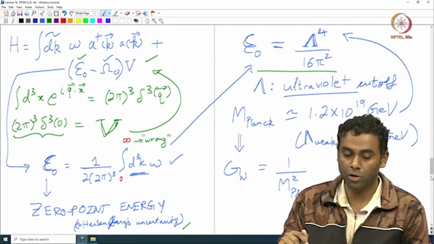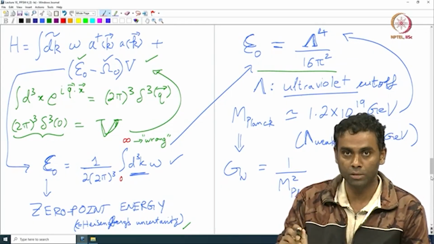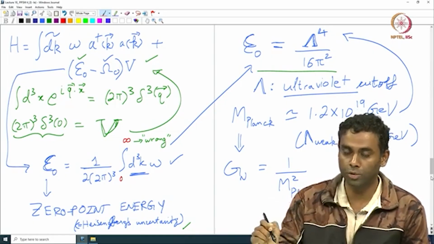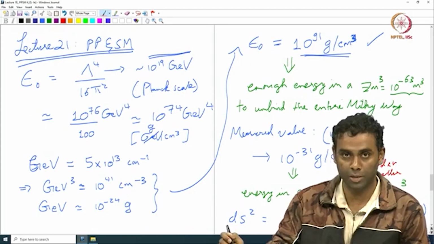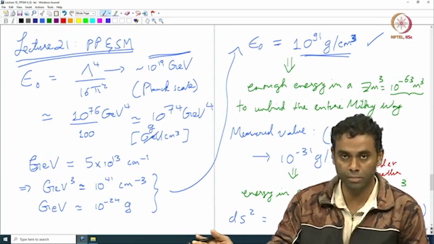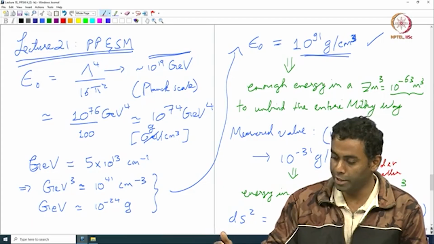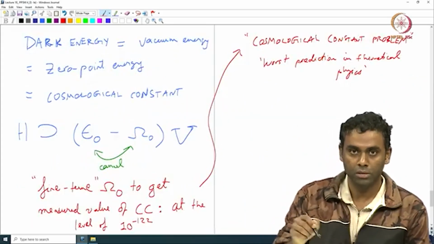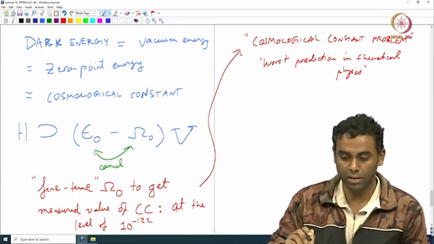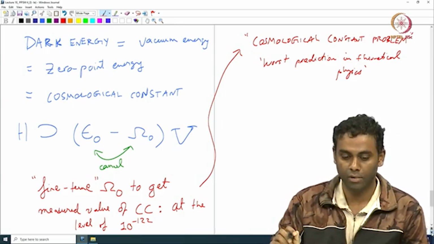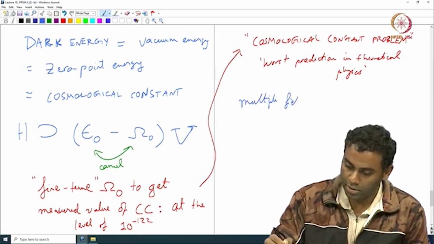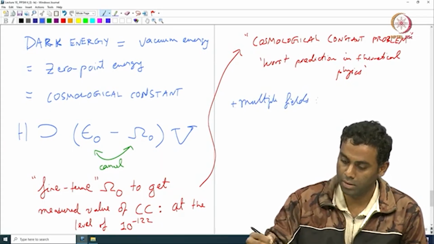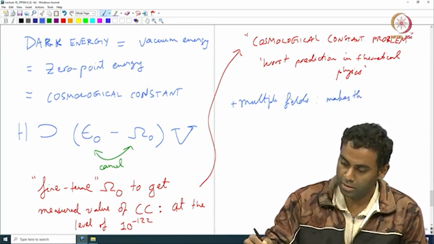Because all those fields now have a 0 point energy. Whatever they may be, they would all get to an order of magnitude around 10 power 91 grams per centimeter cube. That's the contribution from all of them. And then I have to fine tune the contributions of all these other fields as well in order to get a very small number. So let me just write it down: multiple fields makes things worse.